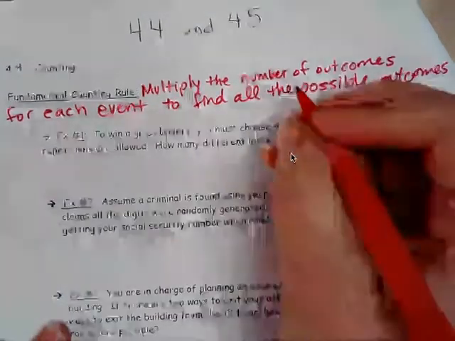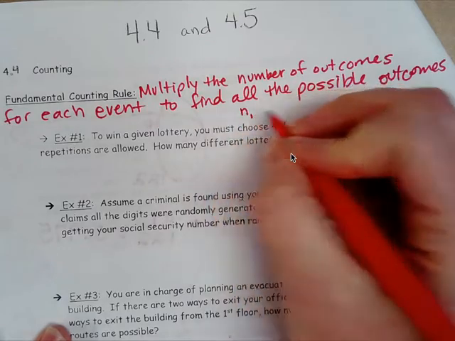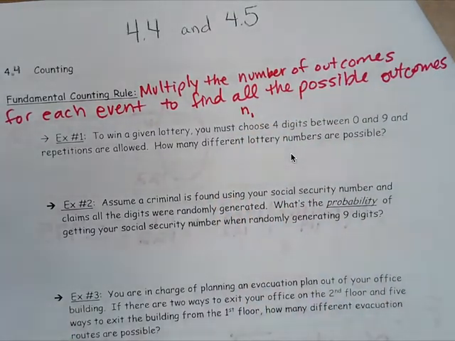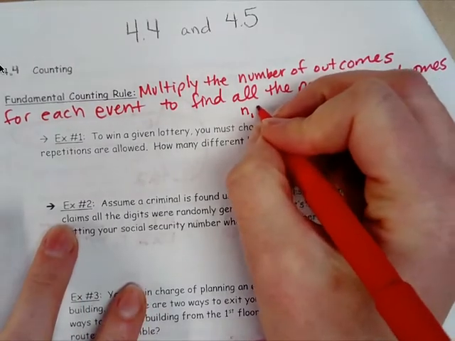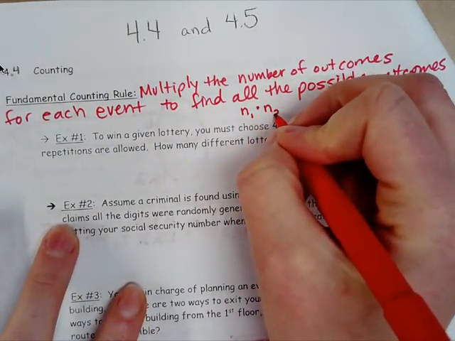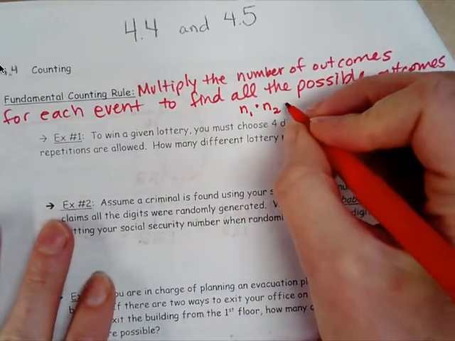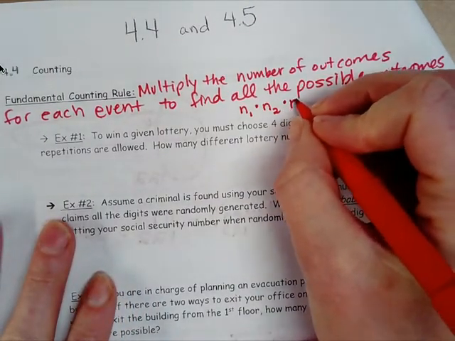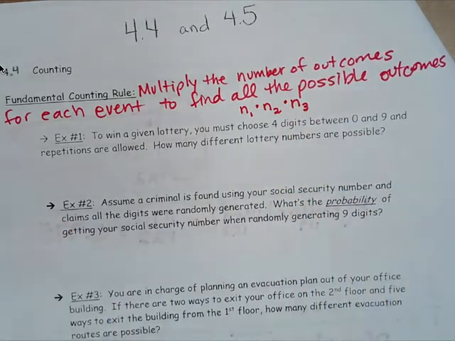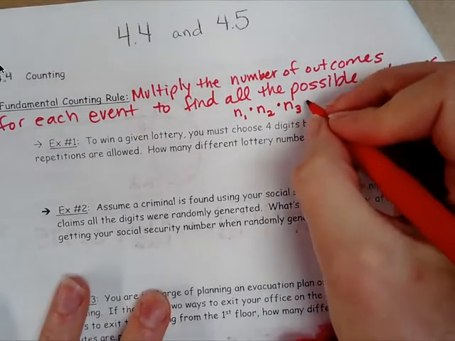So this is going to look like N1, so let's say rolling a die, you have two possible outcomes there. N2, let's say our next event is spinning a spinner, all the possible outcomes for that, times, let's say, N3, all the possible outcomes of picking a card from a deck of cards.